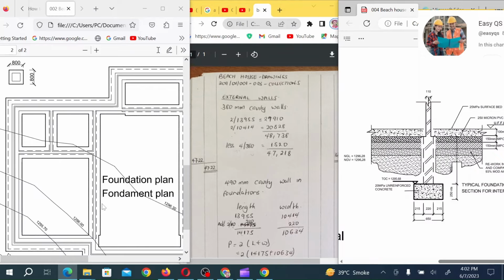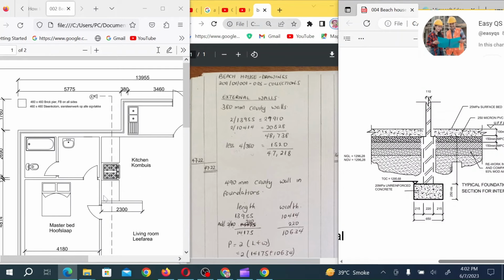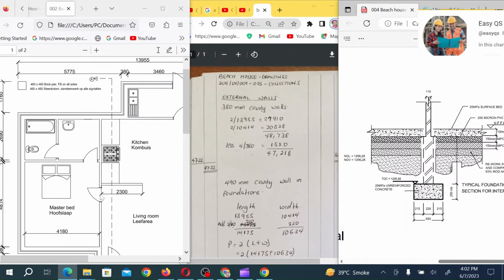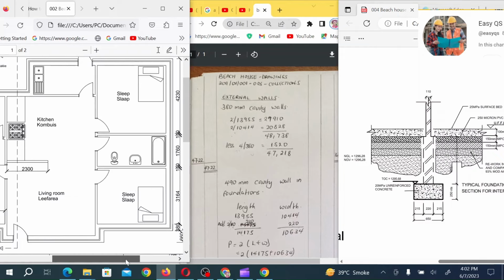And before we go to staking off, let's look at the floor plan. In the floor plan we are shown the rooms. You can see here we have the master bedroom, the bathroom, and what looks like a closet here. Then we have the living room, a wall, and a kitchen. We have a bedroom here, then a bath, then another bedroom.